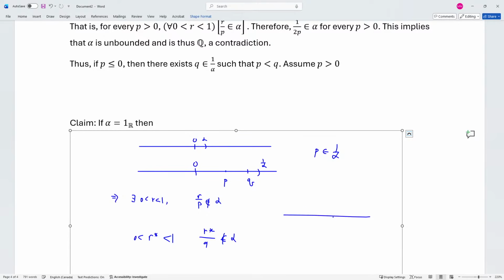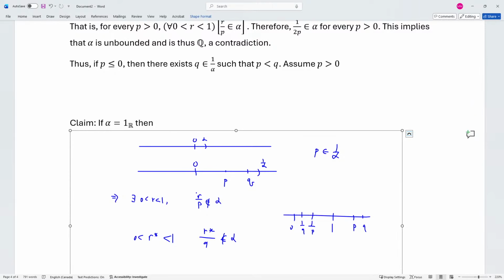So imagine this is 1 and this is 0. P is here. 1 over p is here. If q is here, then 1 over q should be even less than 1 over p, right? So we want the shrinkage factor to be even smaller, so to say.